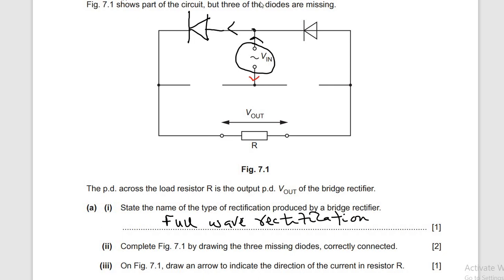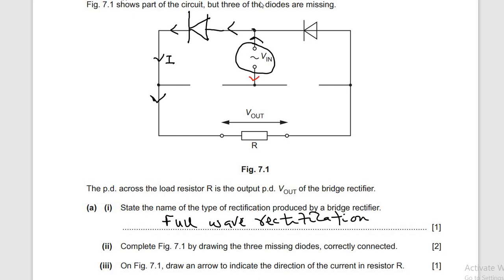Let's continue. Now the current will go like this. This is a junction, but the current must pass through a resistor.